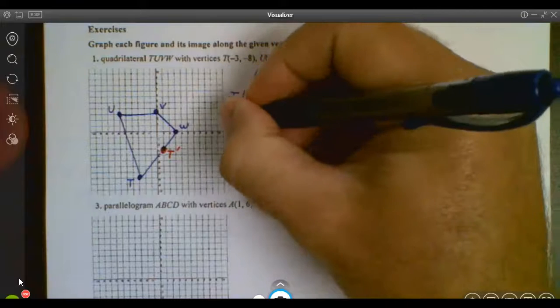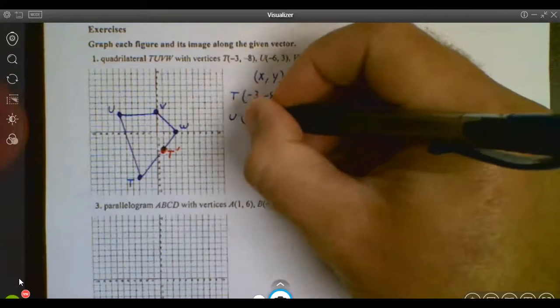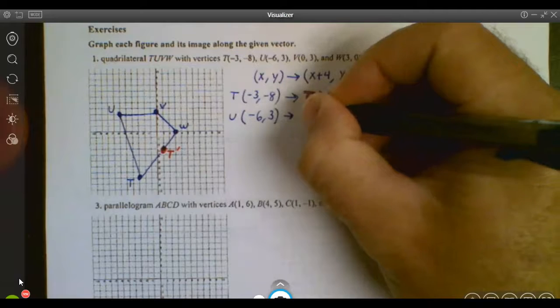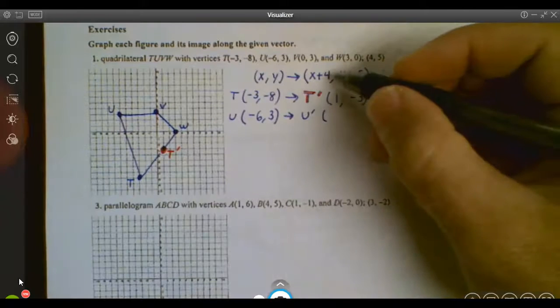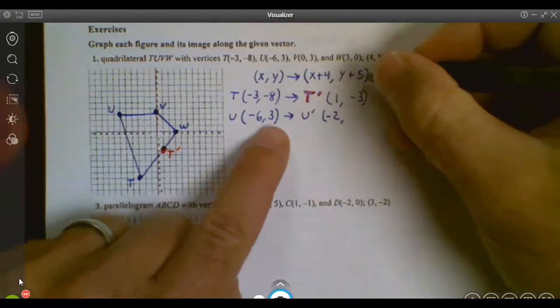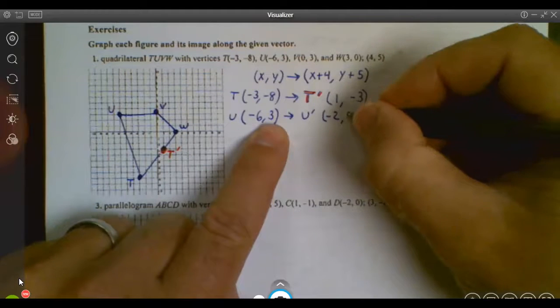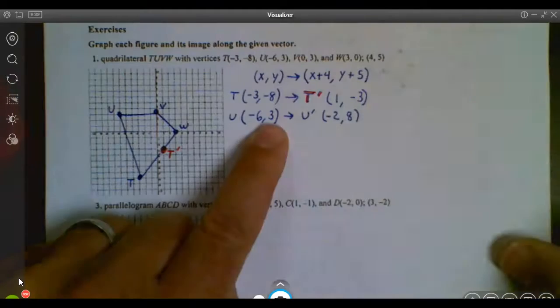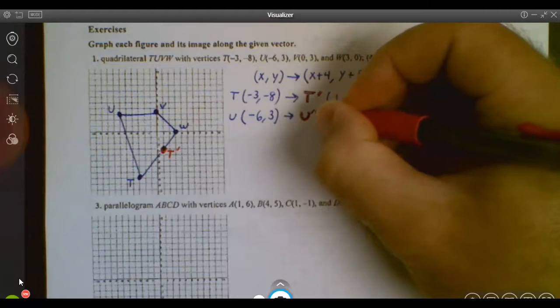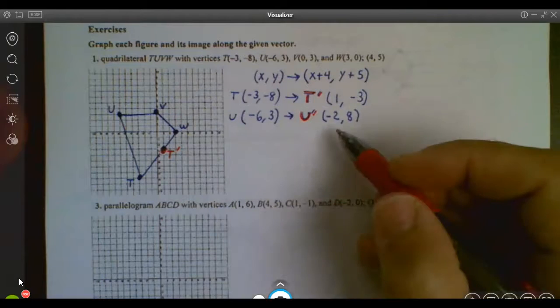So point U is at -6, 3. U prime: again, add 4 to my x, and that would give me -2. Add 5 to my y, that would give me 8. So U prime is at -2, 8.